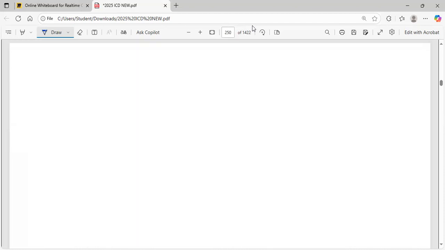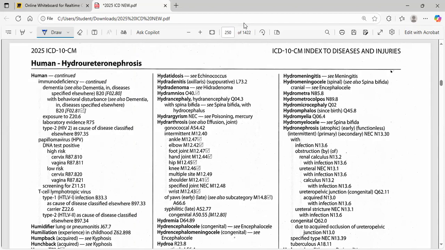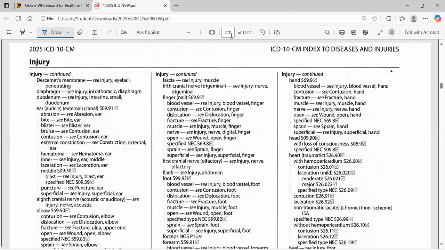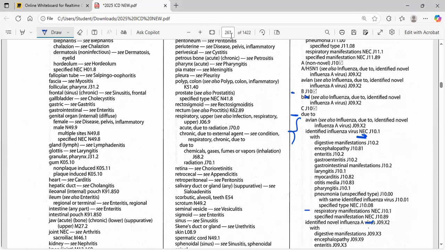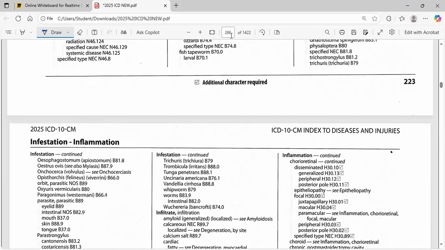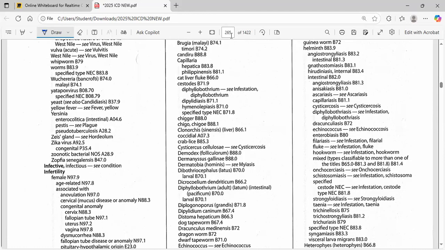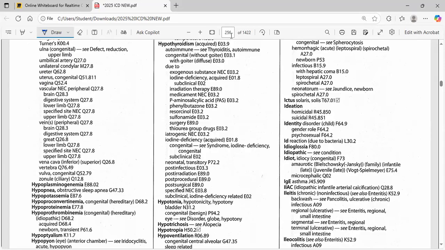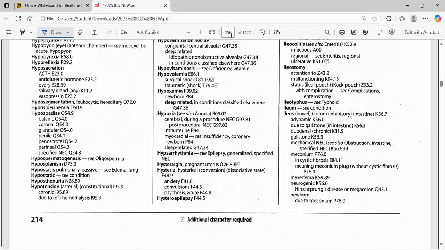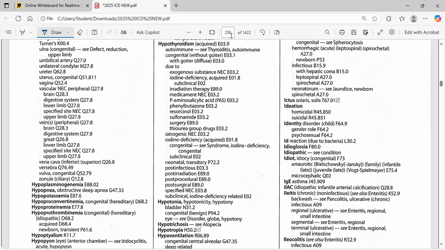Let's try page number 250. Here we go. Ideation followed by suicidal.